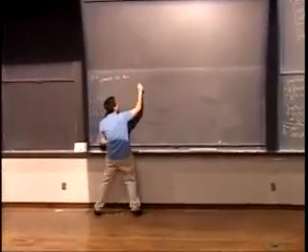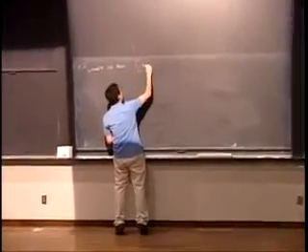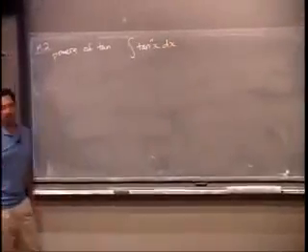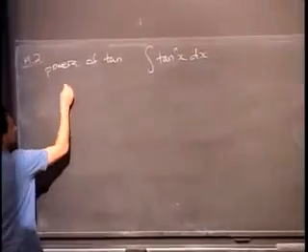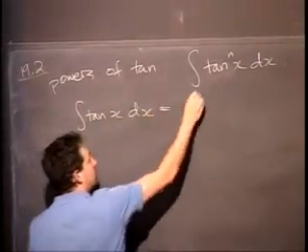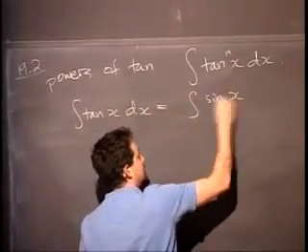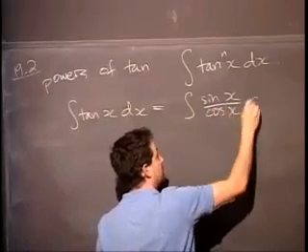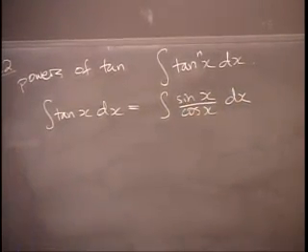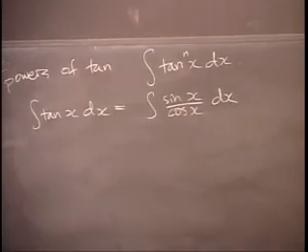Okay, so I'm looking at an integral that just looks like tan to the nx dx. Okay, well here's some simple cases. Tan x itself, we know we can write that as sine x over cosine x. The derivative of the bottom is the top, except for a minus sign.